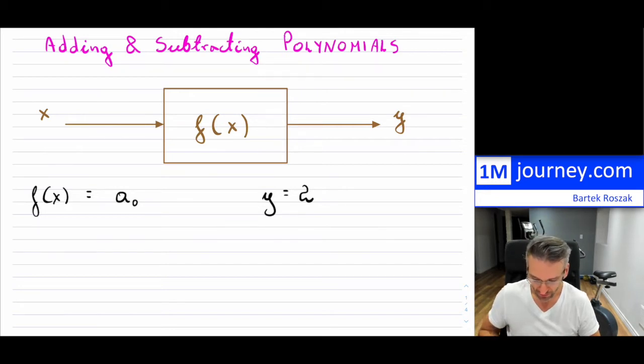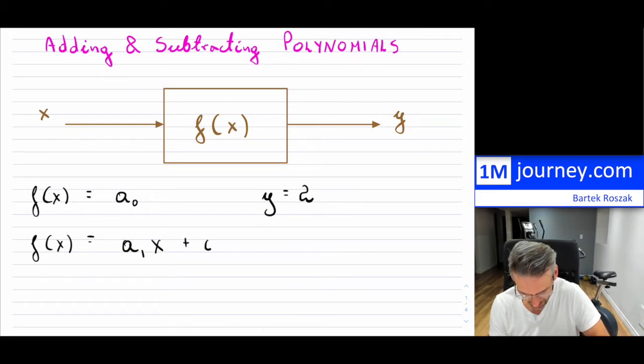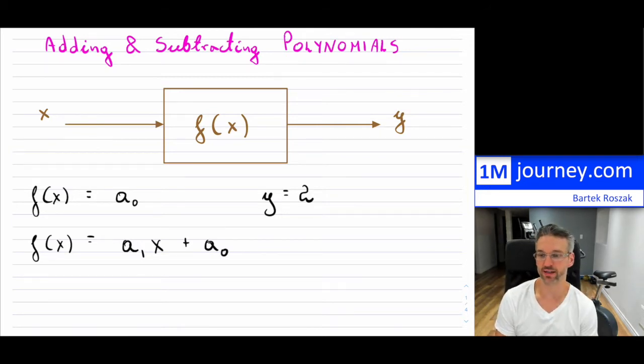Now, if you carry this on and make this more and more complicated, let's say f of x, instead of just being a constant, was a1 multiplied by your input x plus that constant a0. When you're looking at this, you might think, what is this?